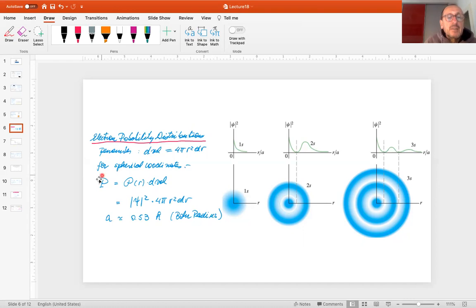This is the differential probability of finding the electron between the coordinates r and r plus dr. Okay, so any tiny vertical line in this graph is simply the value of phi squared multiplied by this contribution, which is the volume contribution. Where does this come about? Well, because this is not a one-dimensional thing. This is a radius. Okay, so that is the corresponding thing that we're seeing here.